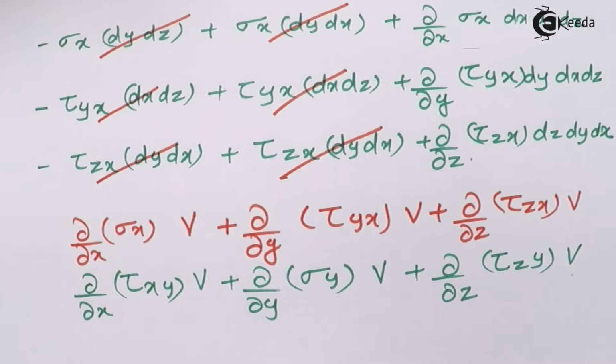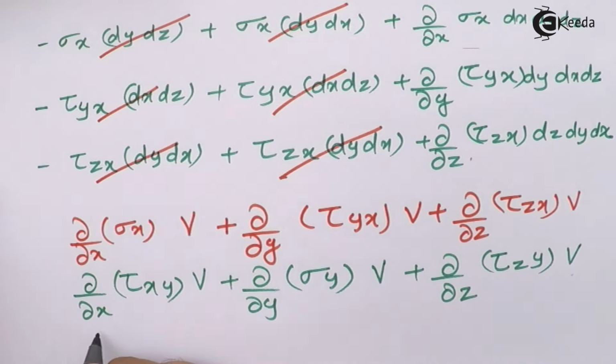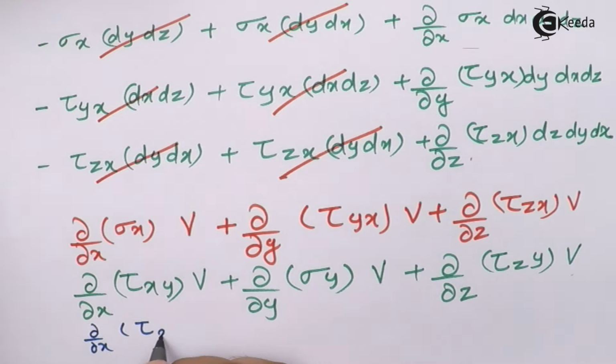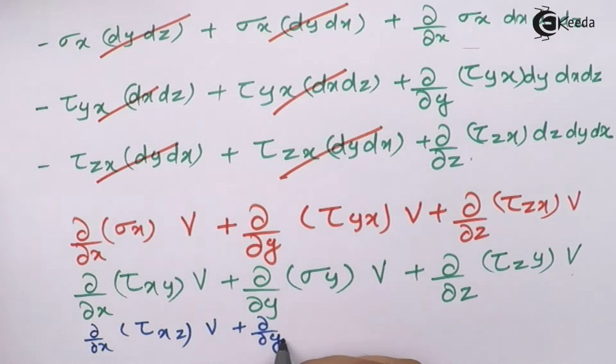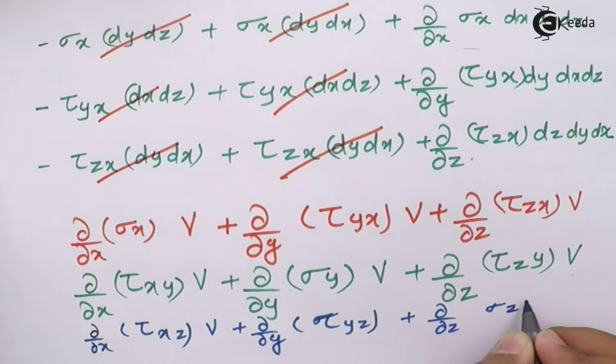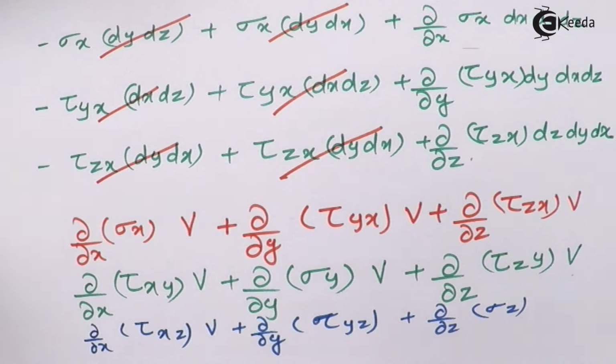So this we have written for y direction. And lastly, let us write down for z direction. This is dou by dou x of tau of x plane z direction into volume plus dou by dou y of tau of y plane z direction plus dou by dou z of sigma z. So on evaluation of all these three, we have got this equation.